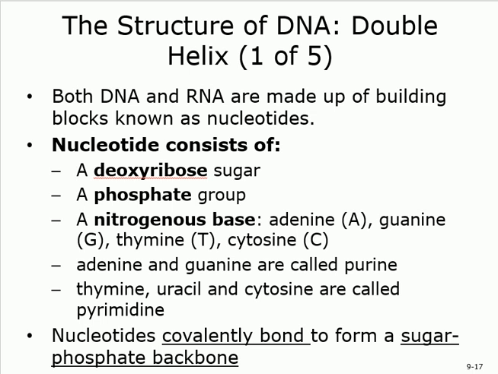So we're talking about the structure here. It is the general structure. We have sugar, phosphate, and base. What kind of sugar and what kind of base? This is different from DNA to RNA. We're talking about DNA now, so the sugar is deoxyribose. What's the sugar in RNA?